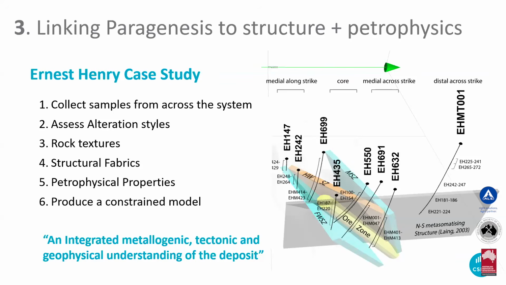What we're trying to do is understand the system. We're trying to sample geologically representatively. So we'll look at some rock textures, alteration, structural fabrics, petrophysical properties, and a constrained model. So it's really trying to produce an integrated assessment of the geology and how it relates to the geophysics.